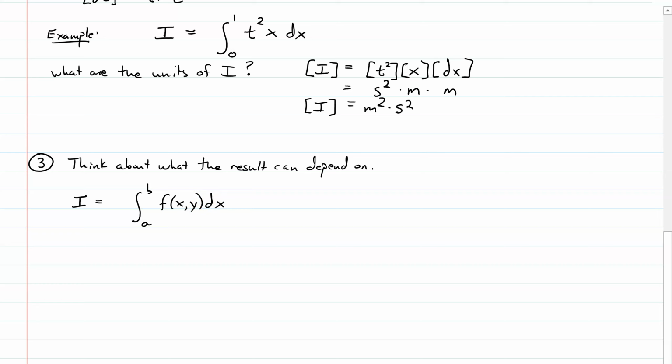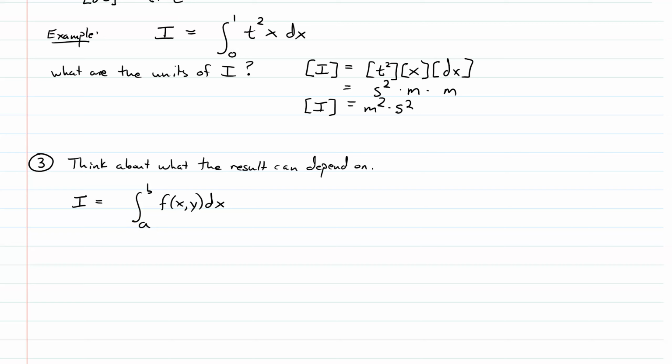You'll notice that in physics we generally do definite integrals. We have the limits here on the integral. So we almost always are doing definite integrals, so we're plugging in the limits at the end.